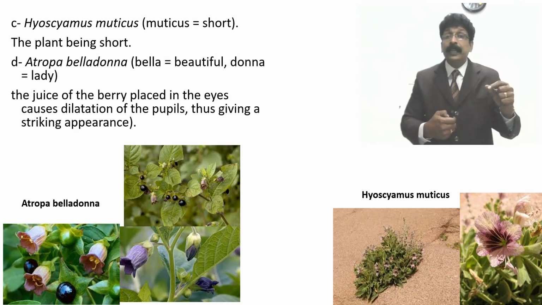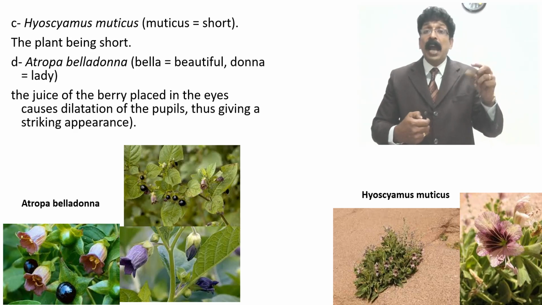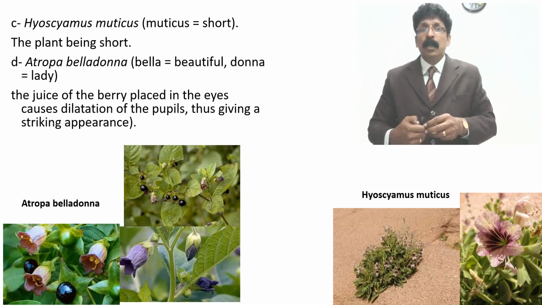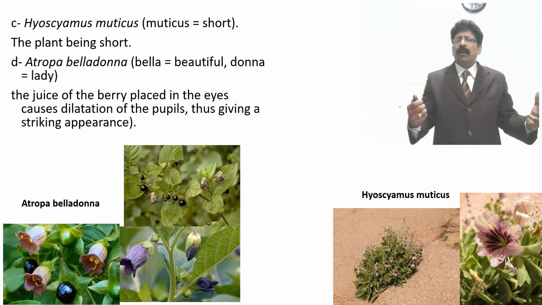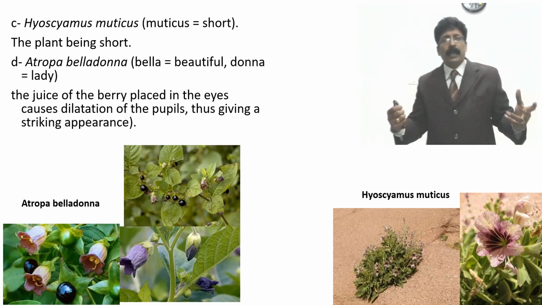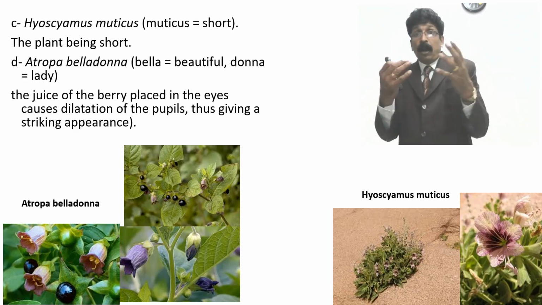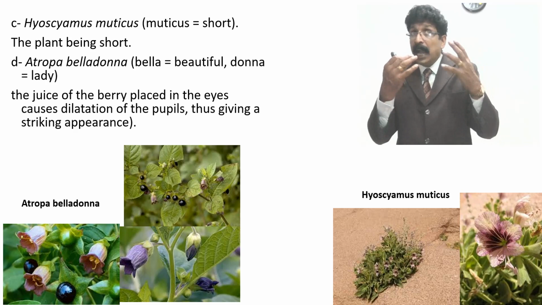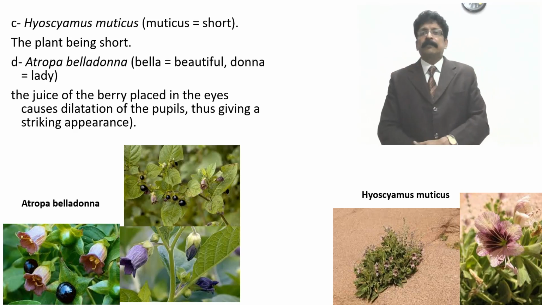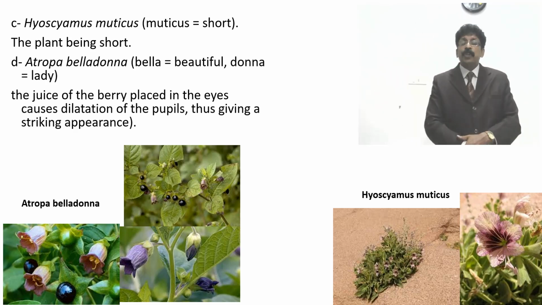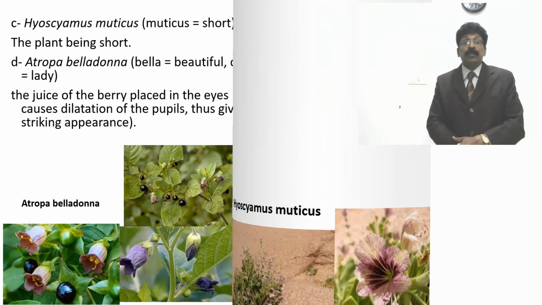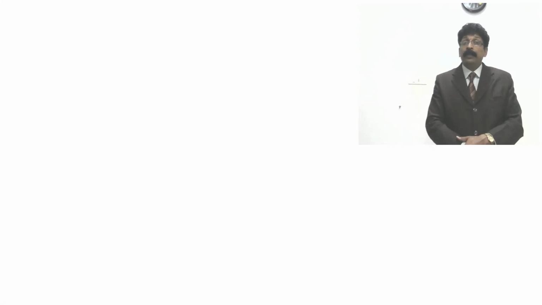The ladies used to put the juice of the berry in the eye and the pupil dilates. You know that the eyes of a female are very important, and eyes make them attract people. So that's why for attraction they used this berry of Atropa belladonna.